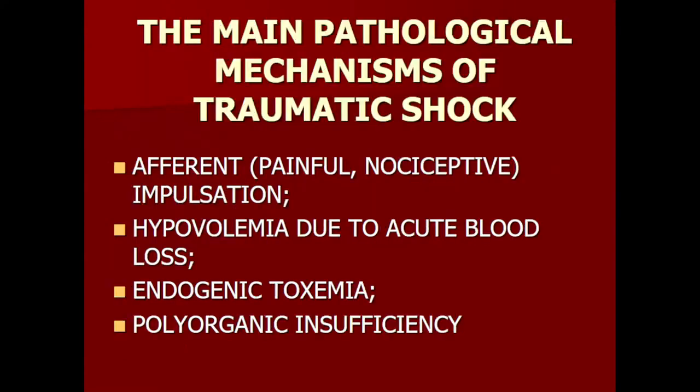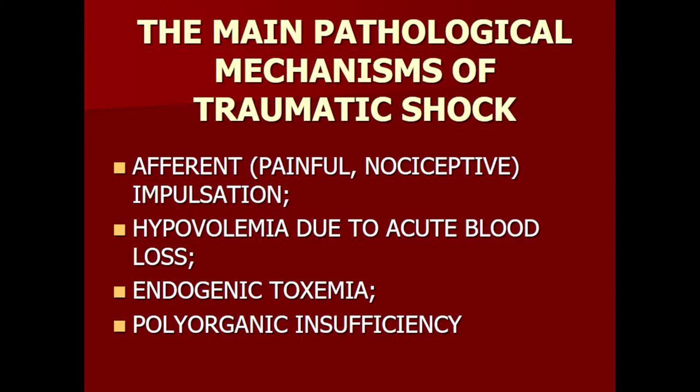The main pathological mechanisms of traumatic shock: there are four mechanisms. First, afferent or painful nociceptive impulsation, but there is no pain shock. If a patient has only pain, the patient does not have traumatic shock. It's only a key moment that starts shock.